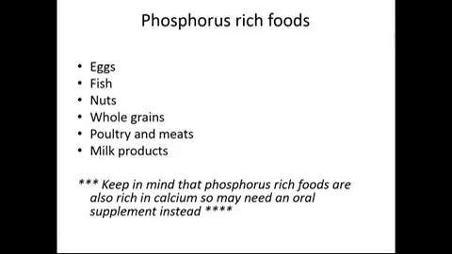Here are some foods that are high in phosphorus. Let's look through some of the ones that are outliers. Eggs, fish, poultry and meats and milk, I guess, are high in those. Here's the thing. If you look at this, a majority of those are also high in calcium.